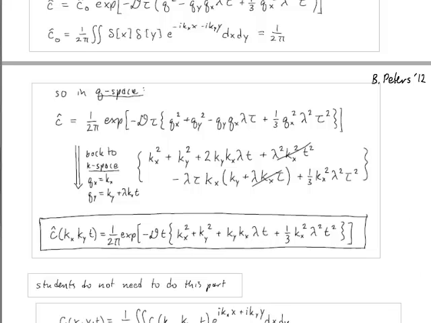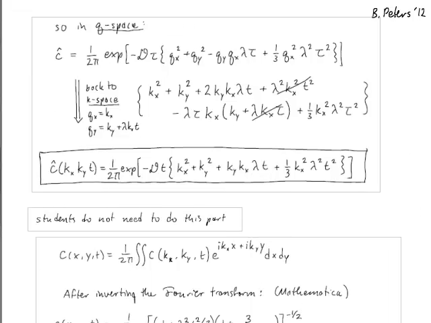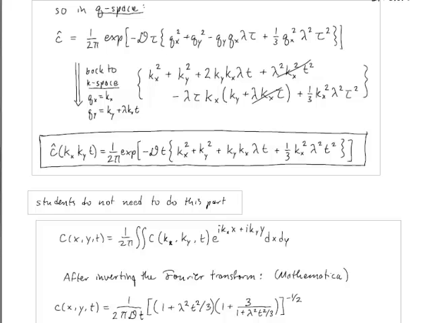Okay? So it's now quite complicated, but Mathematica can do it, to go back and do the inverse Fourier transform to go from the solution in kx, ky, and t back to the solution in x, y, and t. So there's a lot of steps in this problem. First, we had a partial differential equation in x, y, and t. It was second order.